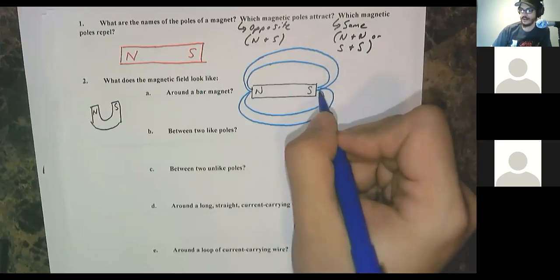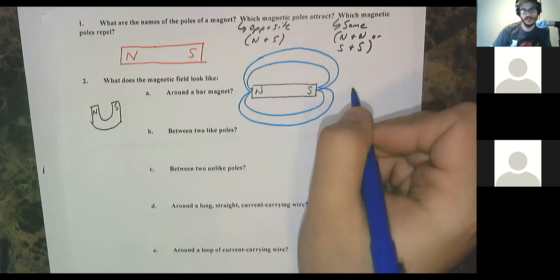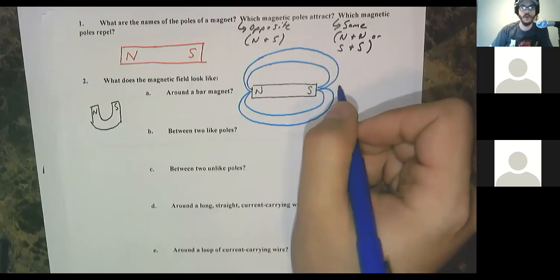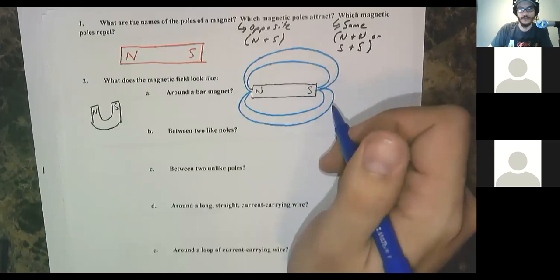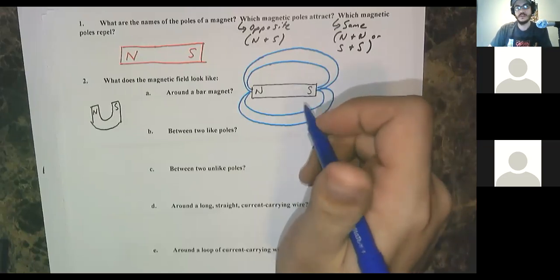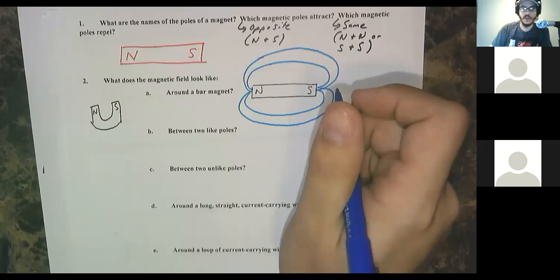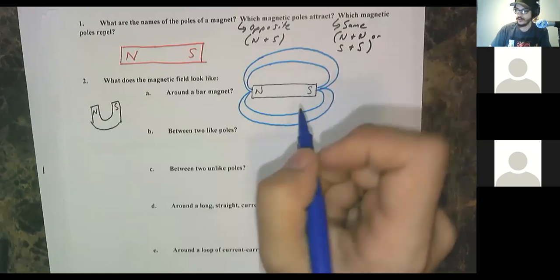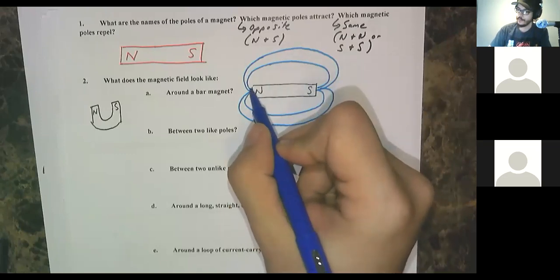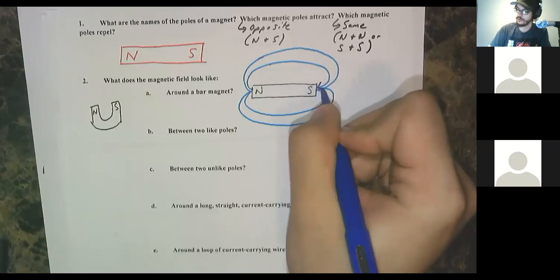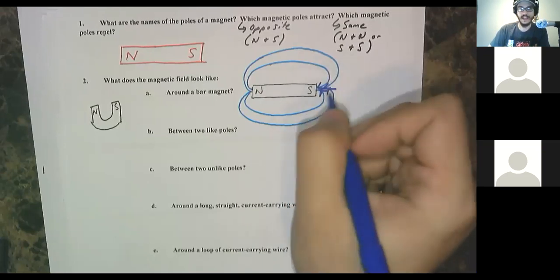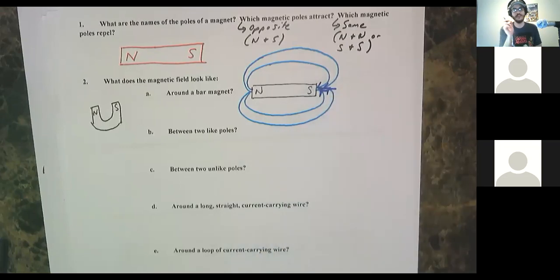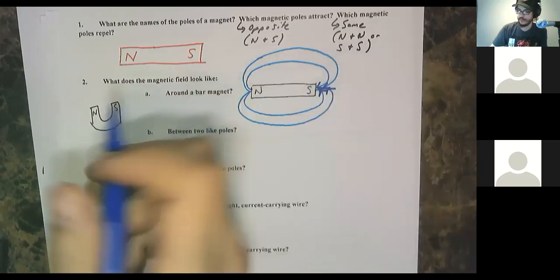If you were a magnetic south, this one would push you away. So we have to pick one, and we always draw them as they would act on a magnetic north. So we would have it being pushed away by the north and pulled toward the south. When we add arrowheads to all of those arced lines, they end up pointing from north to south.